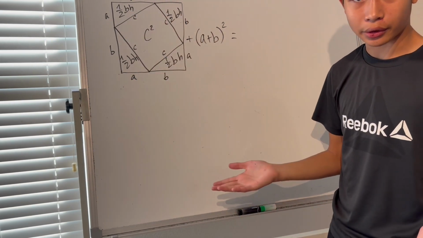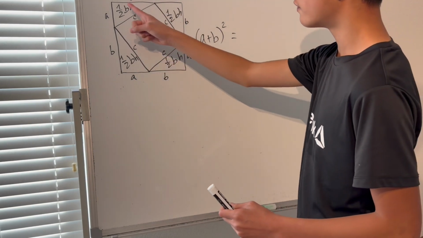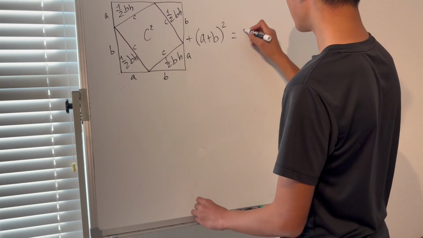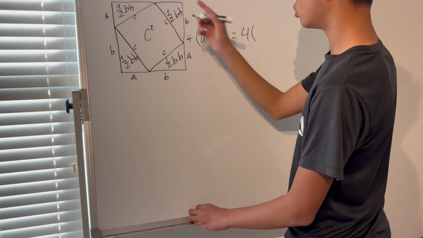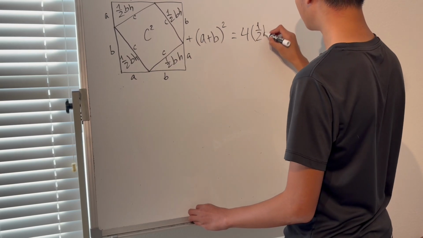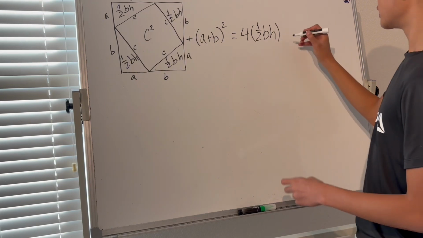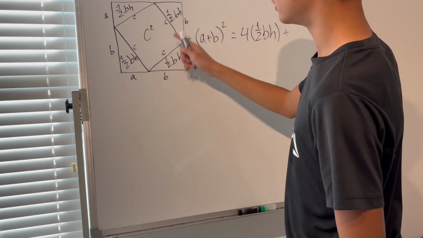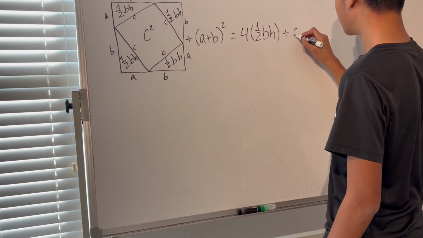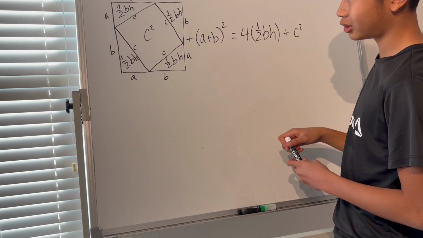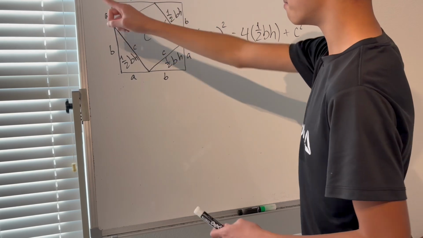What's the area of the inside? It's four small right triangles. This right triangle's area is 1/2 BH, then plus the c squared, the smaller square inside this big square.